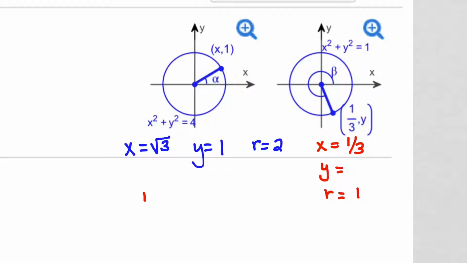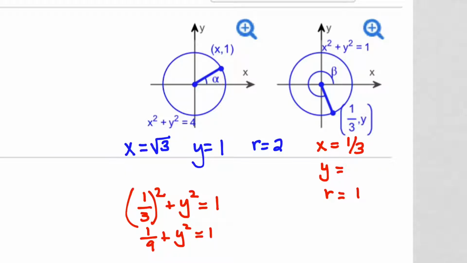I take the 1/3 and I square that, plus y squared equals 1, and 1/3 squared is 1/9 plus y squared equals 1. And so then y squared must be 8/9.